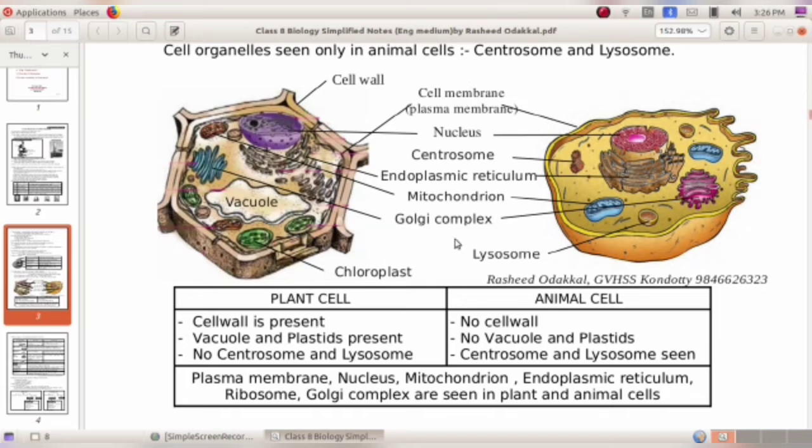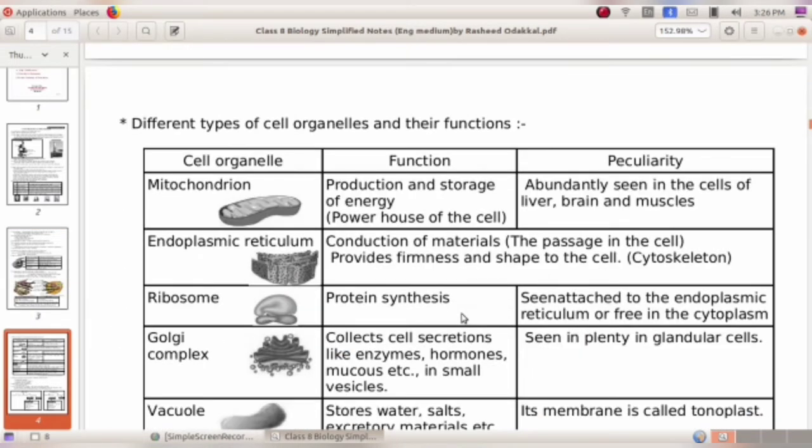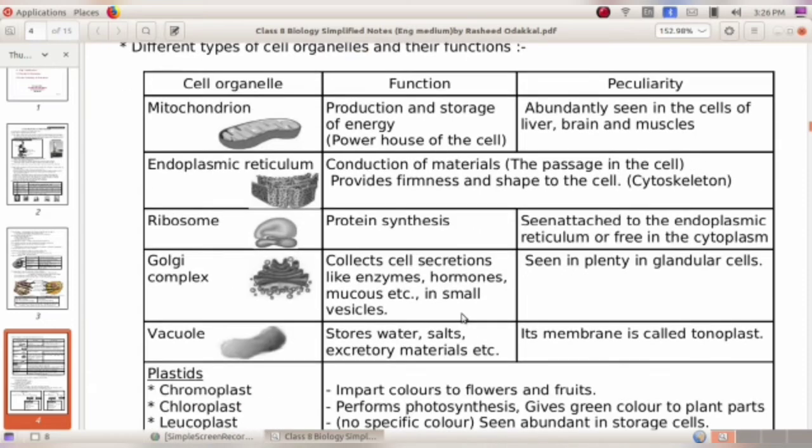The other structures, that is endoplasmic reticulum, mitochondrion and Golgi body, are common in plant cell and animal cell. Let us observe the different types of cell organelles in plant cell and animal cell. Mitochondrion, endoplasmic reticulum, ribosome, Golgi complex. These are common in animal cell and plant cell.